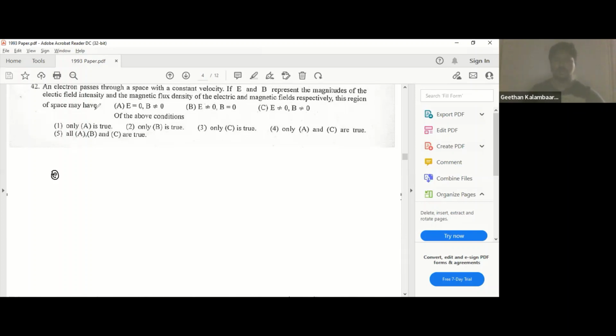When the current and the magnetic field are in the same direction, you don't get a force. So they're asking whether those spaces might have zero electric field but non-zero magnetic field.